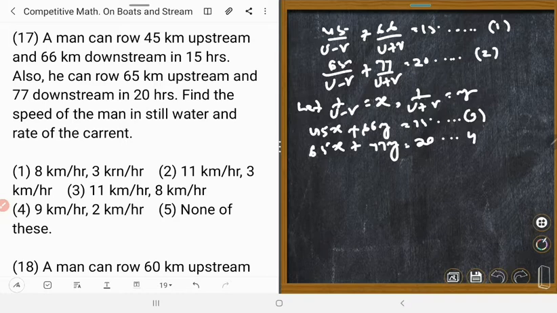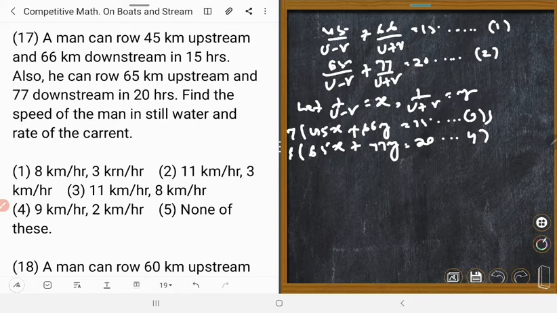Could you understand? So we shall multiply 7 into equation 3 and 6 into equation 4. Right? That is 7 into equation 3 and 6 into equation 4.